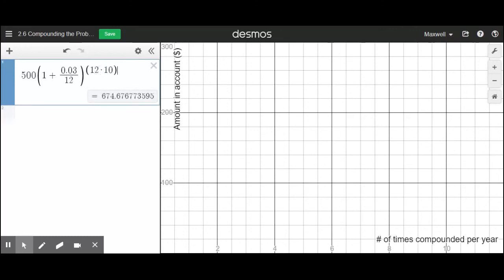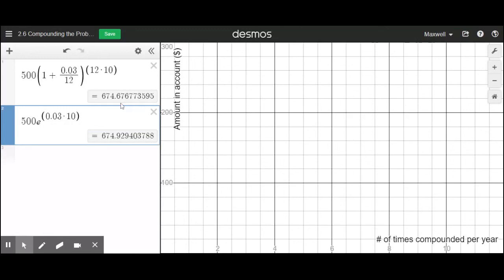So we got $674.68. And that was different than when there was E involved. And so if we compare that to 500, and then nicely, you can just type in the letter E, and then it kind of does it for you. That's a nice feature right there. And there you can see how different those two things are on Desmos.